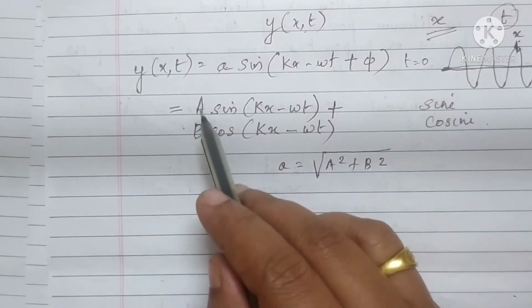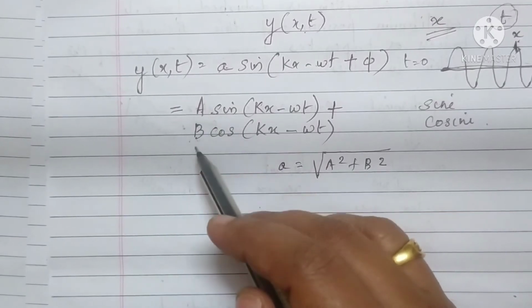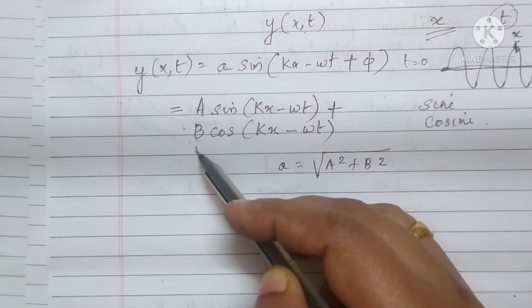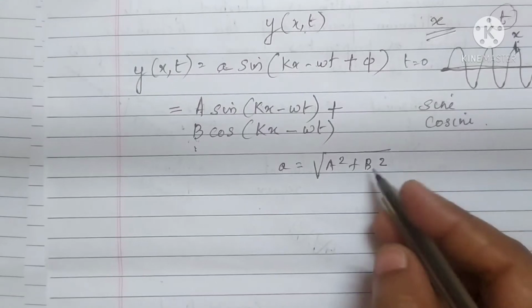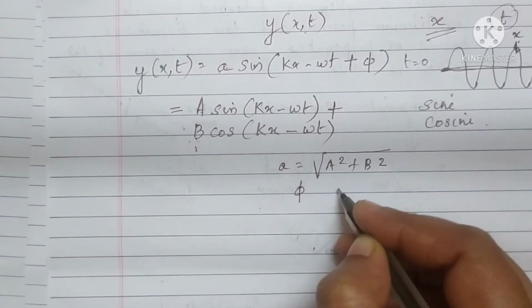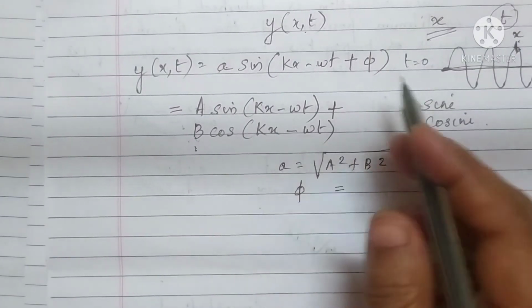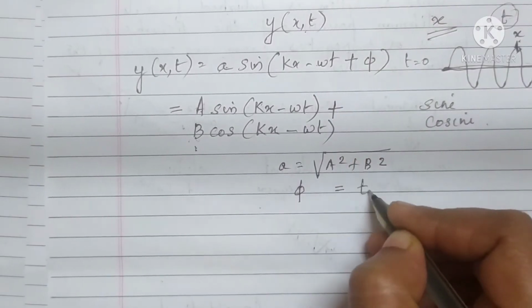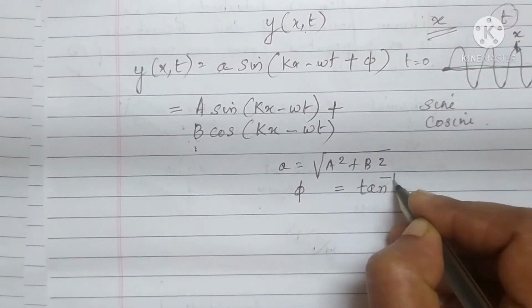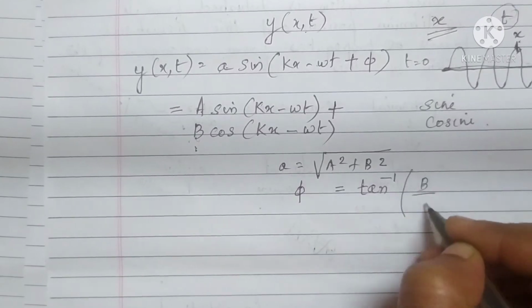These are the amplitudes of the wave. Then phi is equal to the angle. This value is equal to tan inverse b by a.